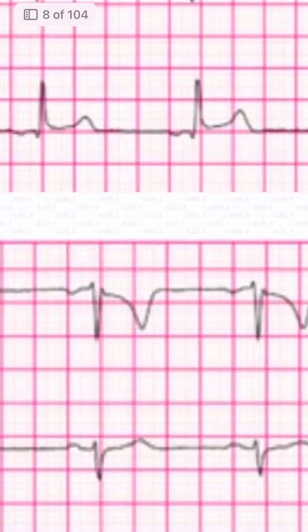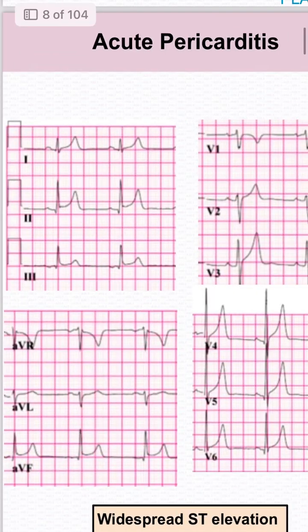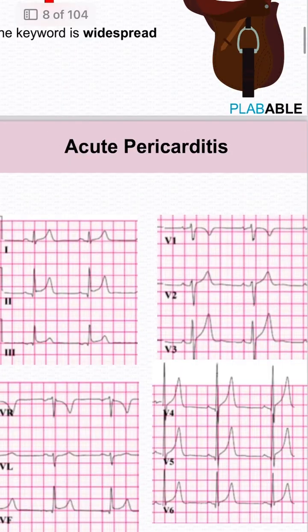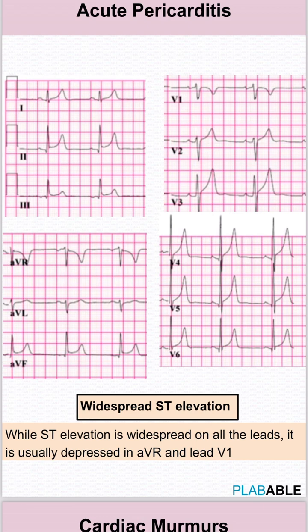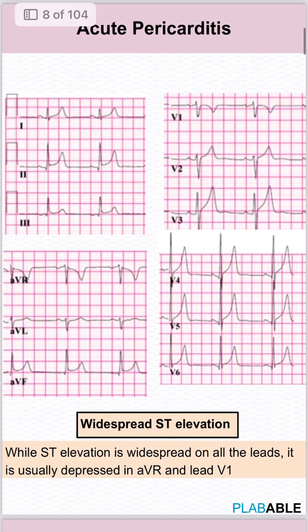In aVR and V1 there is depression, but in the rest of the leads you will see ST elevation. So it's all about acute pericarditis.